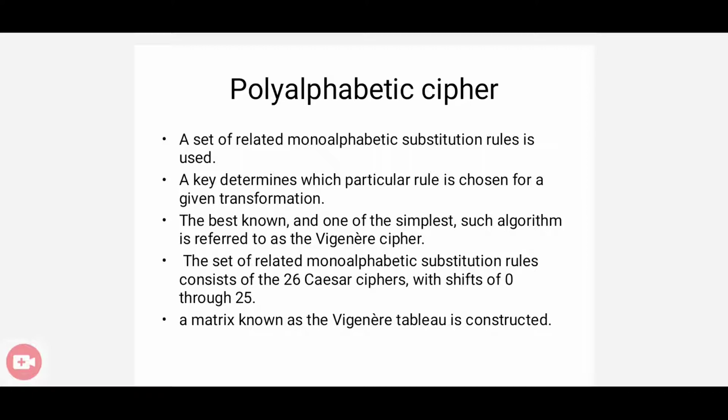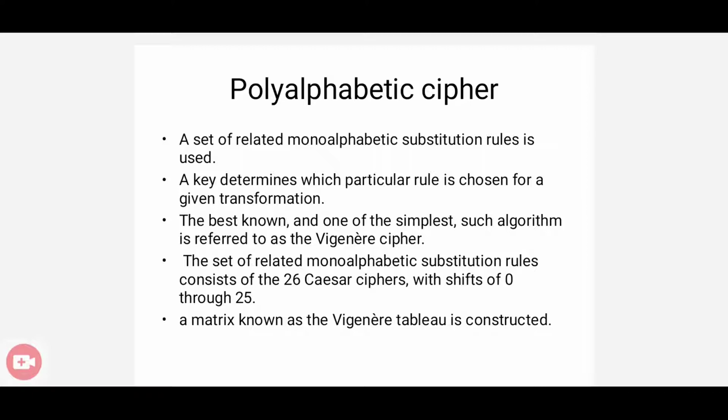One of the simplest is the Vigenere cipher, in which the Caesar cipher mechanism is used for every alphabet. Clear? So we can use 26 Caesar ciphers because the English alphabet contains 26 letters, right? So we can use the 26 ciphers all together to form a polyalphabetic cipher.